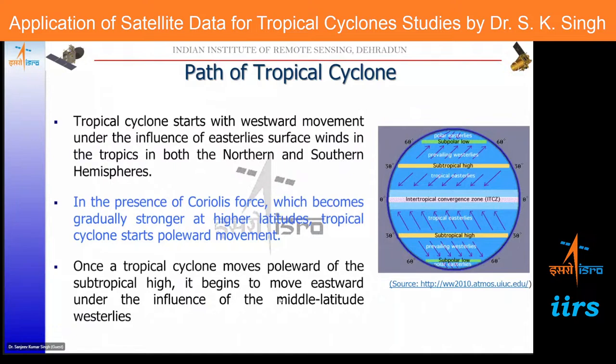Once the tropical cyclone moves poleward of the subtropical high, it begins to move eastward under the influence of the westerlies. So this is the general movement of the tropical cyclone based on the wind pattern.